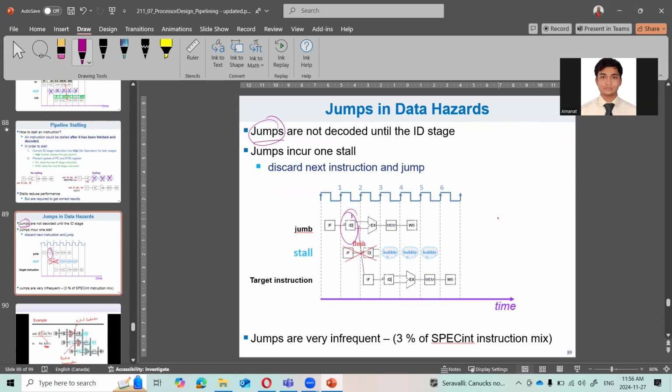Because you don't know which instruction to fetch, right? You can be jumping into a different region of the code. So for jump, you know after the decoding where you're jumping, right? Then you can get the next instruction, and you just need one mandatory stall here.